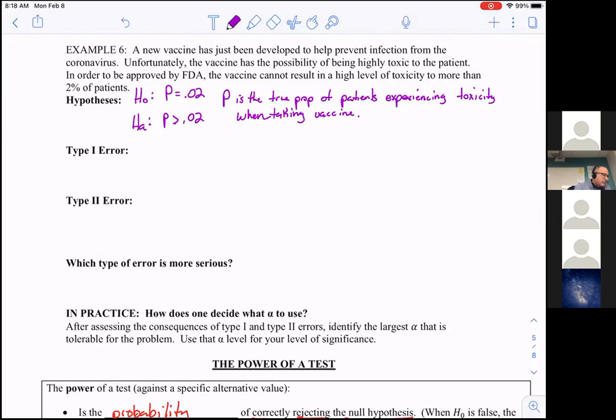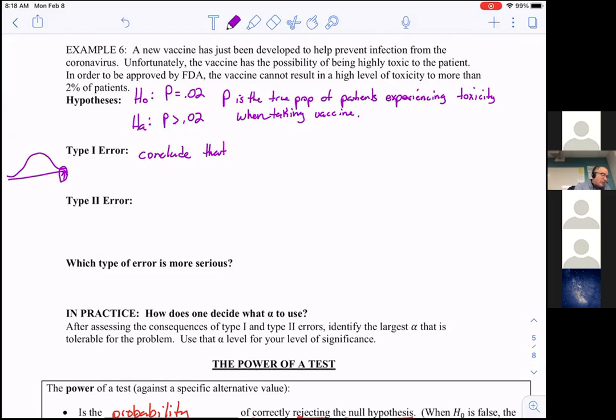What would we conclude in a type 1 error? I'm going to picture this. My type 1 error is going to occur way out here, and something that happens way out here is really rare.